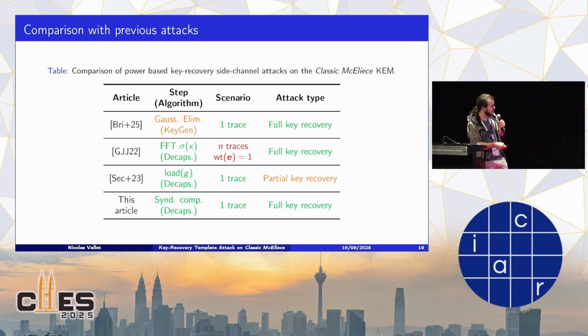Then we required only one attack trace with no control over the ciphertext, and finally it is a full key recovery.